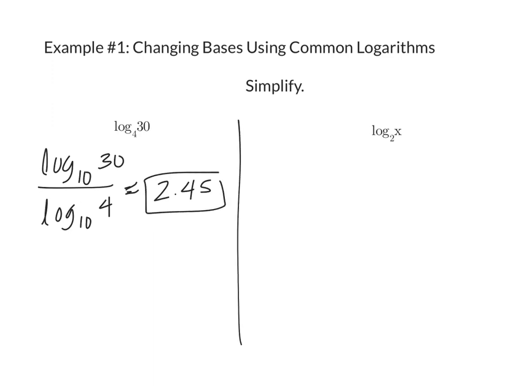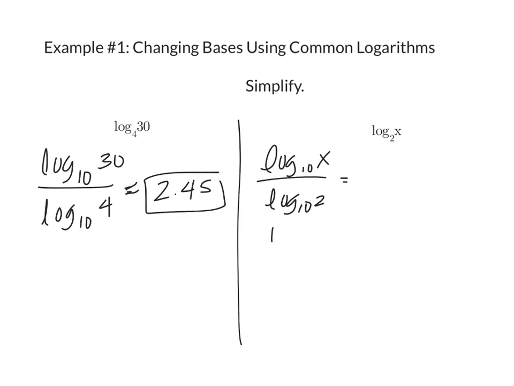With log base 2 of x, since we have a variable, we'll still set it up the same way as log base 10 of x over log base 10 of 2. However, we want to break that fraction up into multiplication by two fractions.